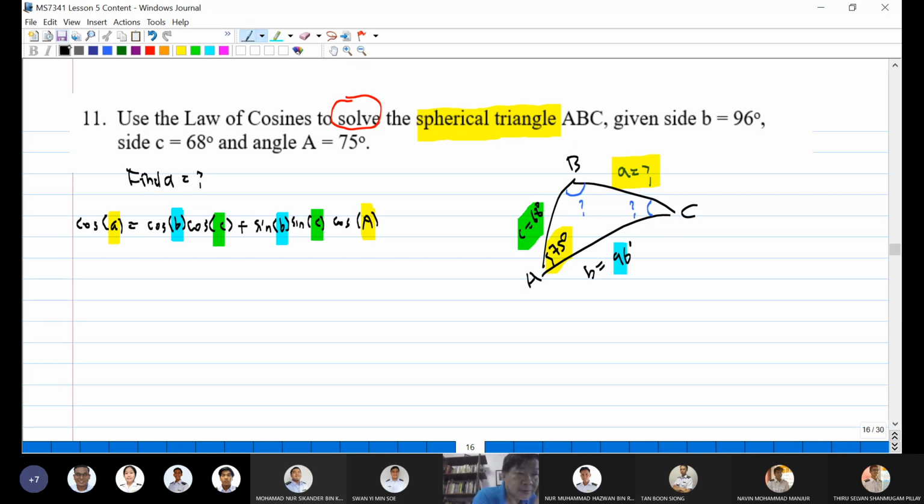Now we put in the numbers. Cosine of b, which is 96, cosine of c, 68, plus sine of b, 96, sine of c, 68, then cosine of A, 75. I use a color code again so that you see where they come from.